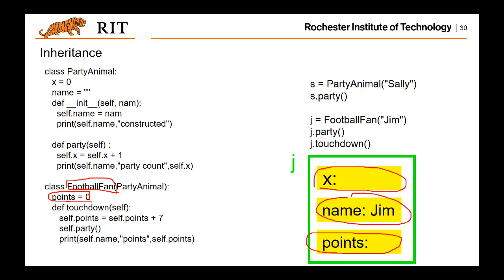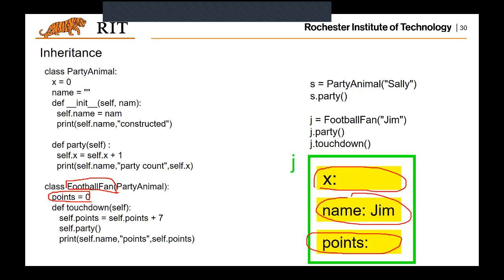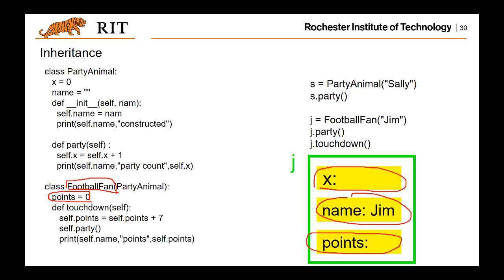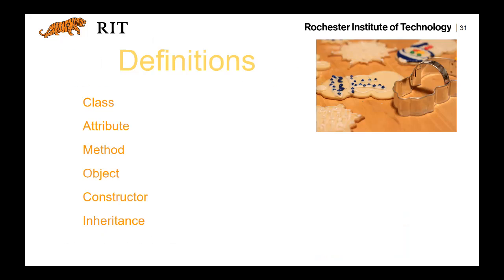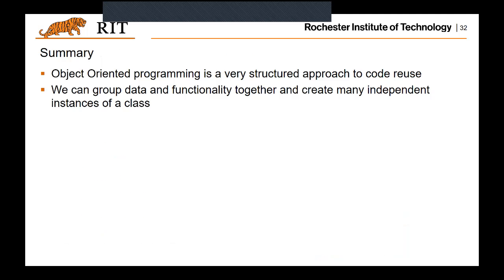At the same time, there is a new attribute points, which party animal doesn't have. All right. So any questions? Okay, good. I think this is duplicated, but I think that's all the lectures for today.